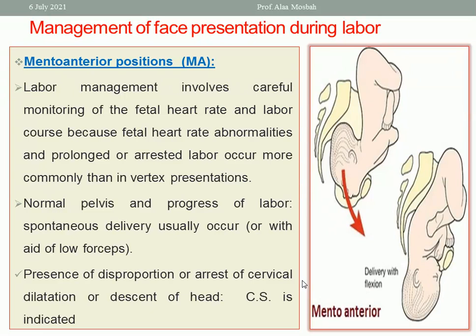Normal pelvis and the progress of labor lead to spontaneous delivery. Presence of disproportion or arrest or protracted cervical dilatation or arrest of the descent or dilatation will be shifted towards cesarean section.